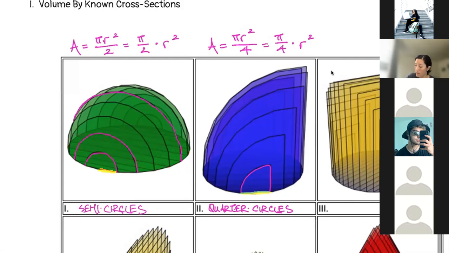No. Okay. What about in the quarter circle one? Does this radius go all the way across the base?